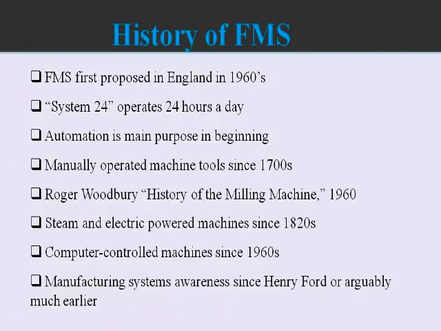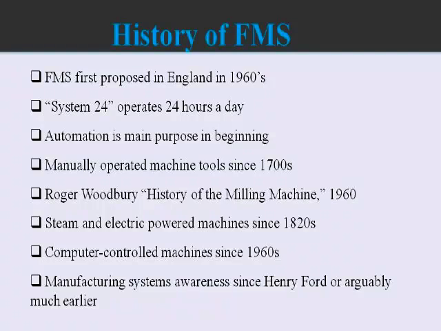Flexible manufacturing systems were first proposed in England in the 1960s. System 24 was developed at the time, which was operated for 24 hours continuously. Automation is the main purpose for the development of FMS.